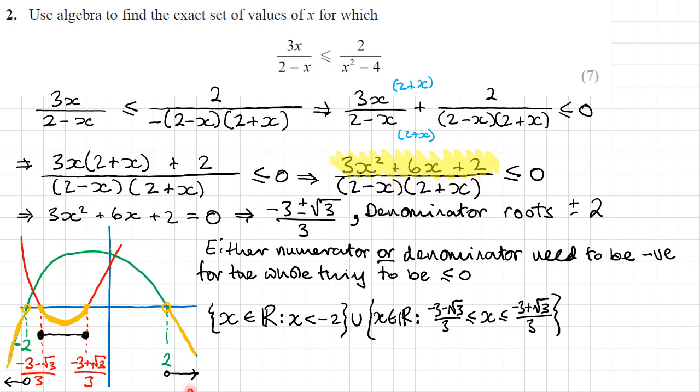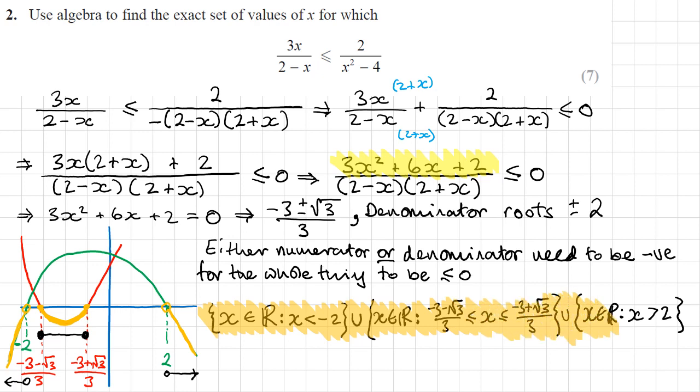And then the last one is going to be also a union, and x again a real number, but this time x is going to be greater than 2 but not equal to 2. So that forms my whole set of solutions. Less than negative 2, between this minus 3 plus or minus root 3 over 3, and x greater than 2.